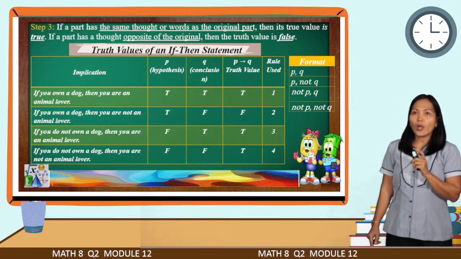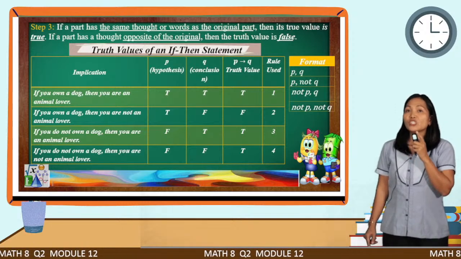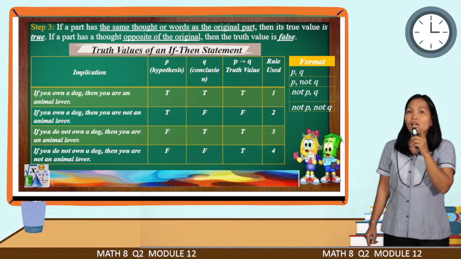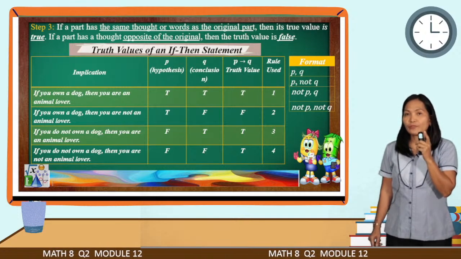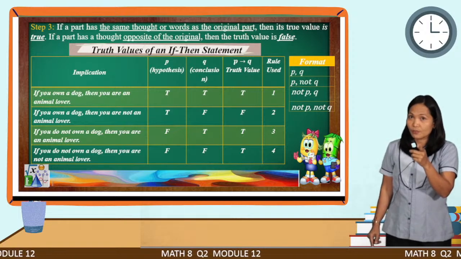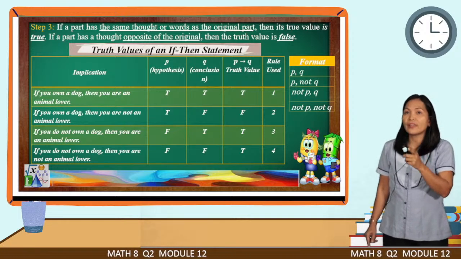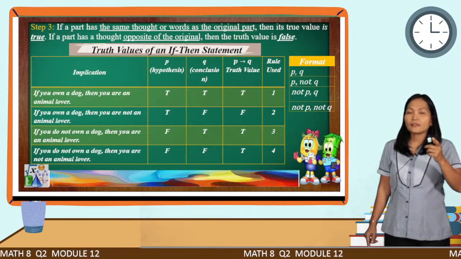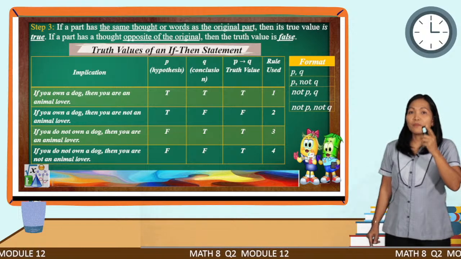So, it's opposite of the original. So, what is the decision for that implication? It's false because the conclusion is false. Even though the hypothesis is true, the conclusion is false. The decision for that implication is false.